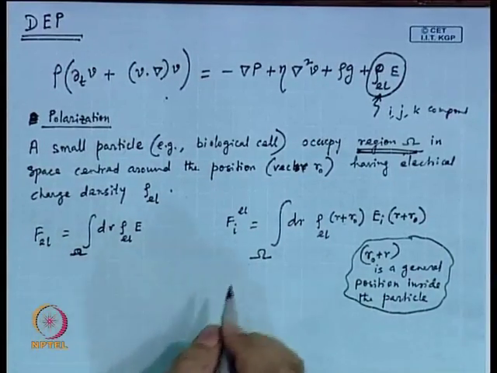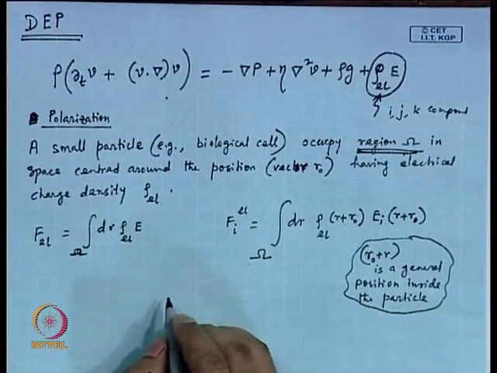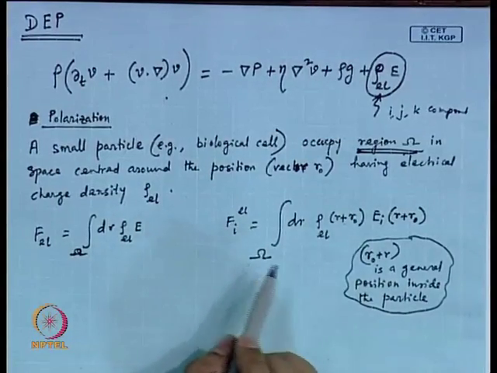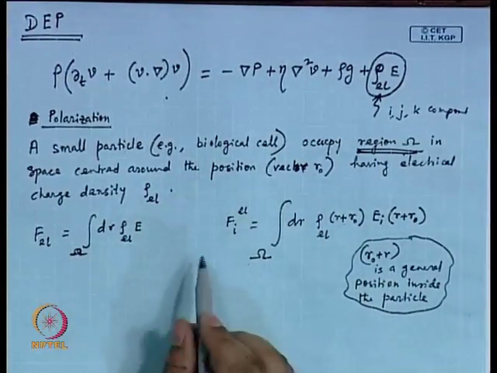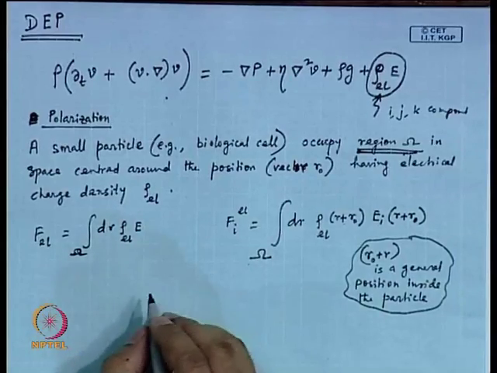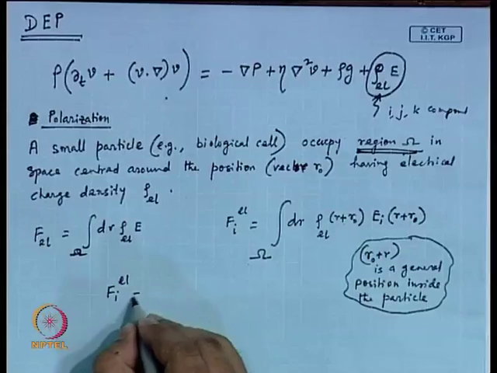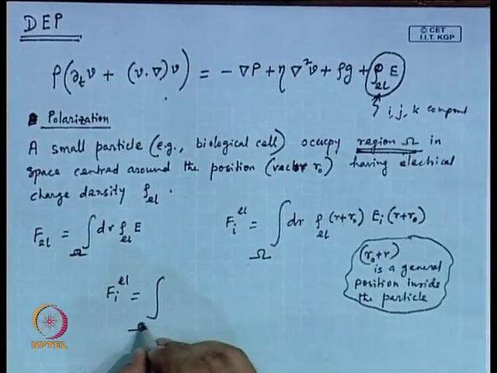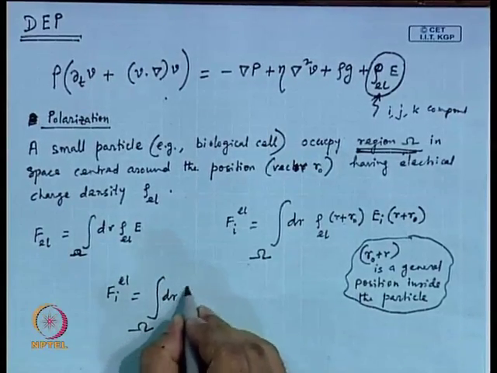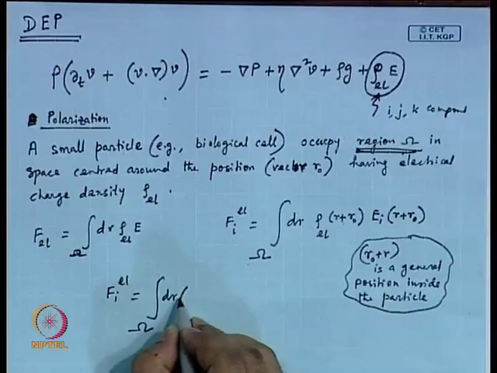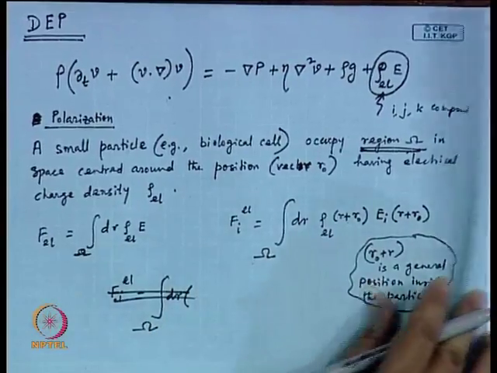Now, if we go for a Taylor series expansion and ignore the higher order terms, F i EL would be equal to, this part remains the same. Let me use another slide, sorry.